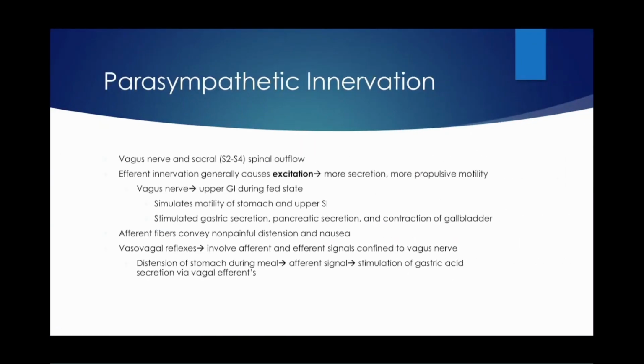So parasympathetic innervation is your vagus nerve and the sacral nerve, S2 to S4. Those are the major ones for parasympathetic innervation. Efferent innervation generally causes excitation, more secretion, more motility. So this is under parasympathetic control. We want to get the foodstuffs moving through the system, and secretion makes it move easier.